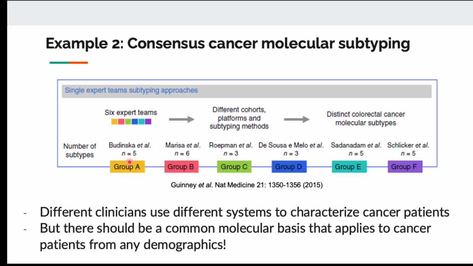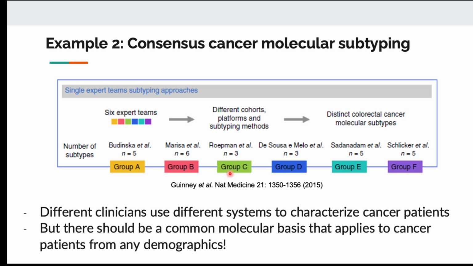But the problem back then was that when everyone first studied colorectal cancer, different laboratories and different hospitals made different decisions. If you go to hospital A in yellow, you will get classified into one of 5 subtypes. But with the same disease, if you go to hospital B, you get classified not as one of 5 subtypes, but with 6 subtypes.